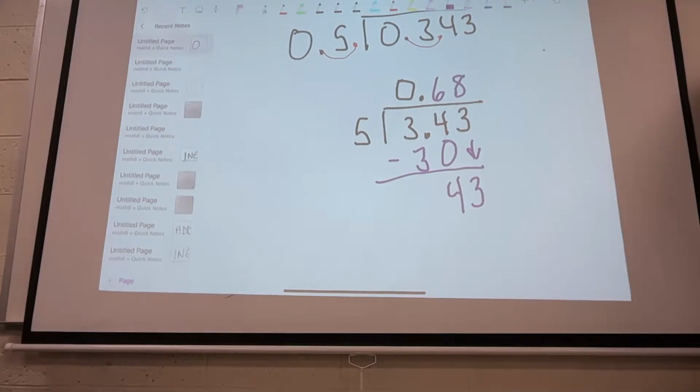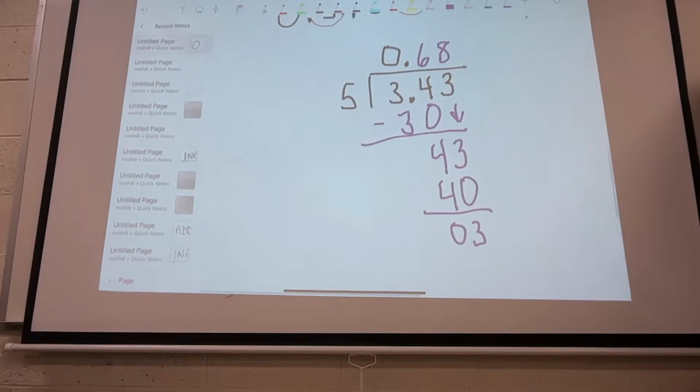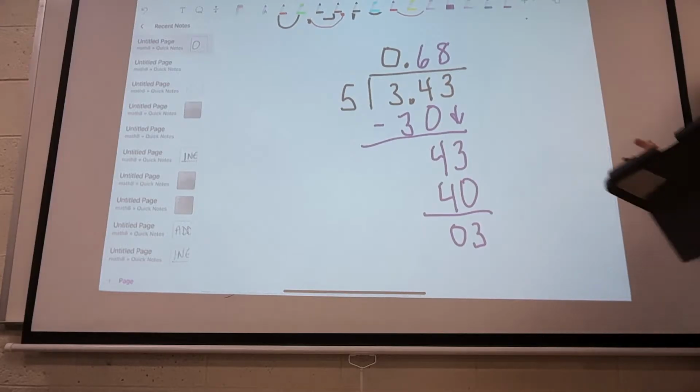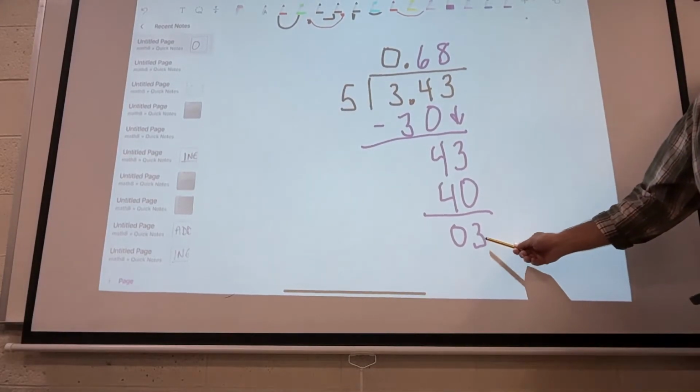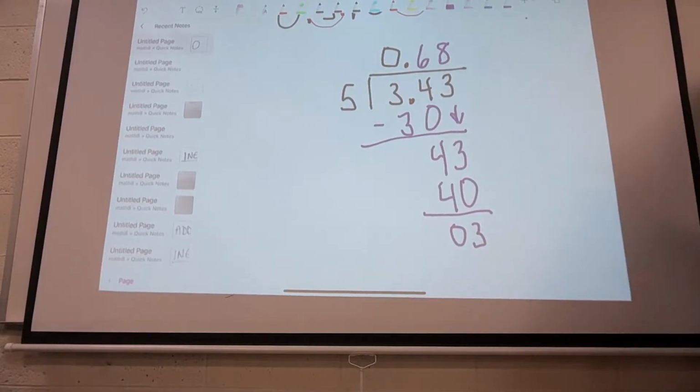40. So you're just going to subtract. 43 minus 40 is 3. Now we're not done because we have that remainder. Nope, can't have this. What do we have to do?